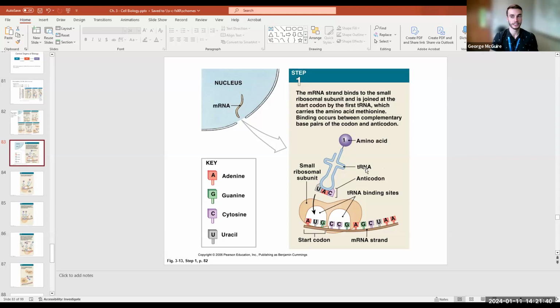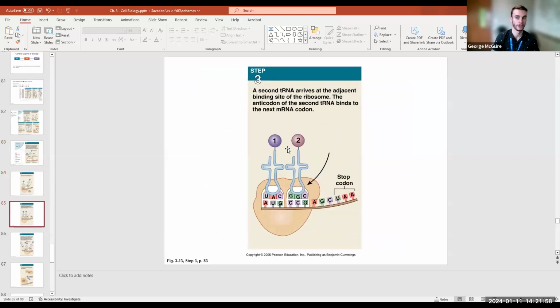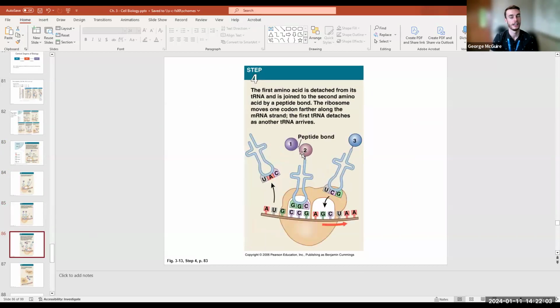And so each tRNA molecule has a specific anticodon, which will align with whatever codon codes for that amino acid. And so essentially one codon at a time, the ribosome is going to bring in a tRNA molecule. It will then bond each of these amino acids that are starting to build our protein here. Here's our bond, forming a peptide bond.